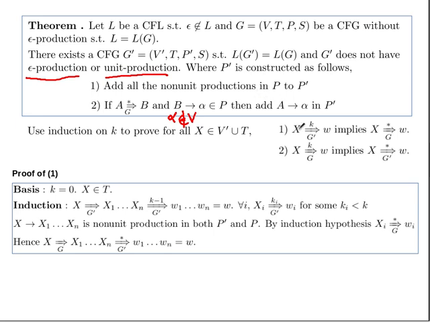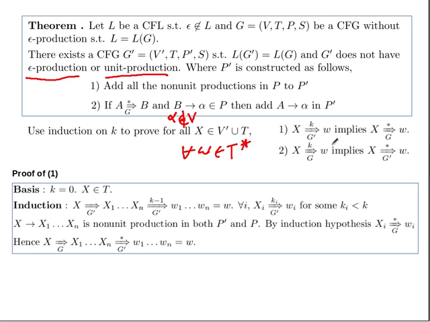Not just S, it holds for all variables X. In fact, this can be a terminal also, then this will be 0. And that is exactly the basis here. So this K is 0, that means this X is a terminal, because this part is W. I should have written for all W over terminals.